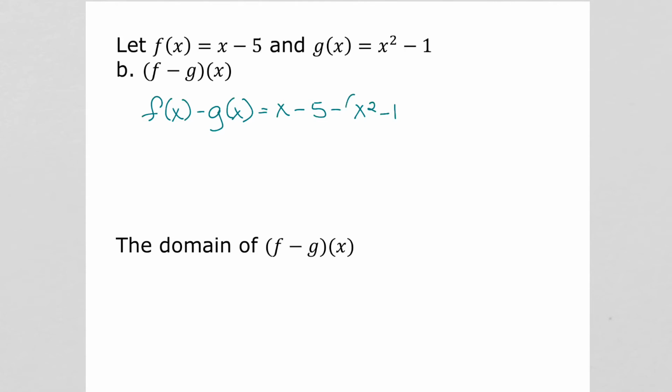We're subtracting all of the x squared minus 1, so we need to put that in parentheses. Then we'll distribute. So we have plus 1 there. See, big difference. And then we can write it: negative x squared plus x minus 4.